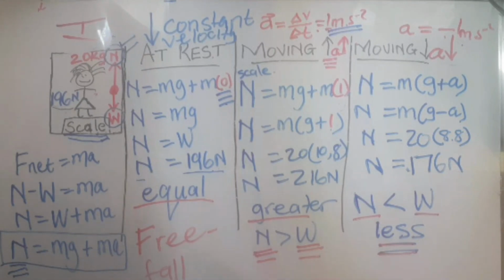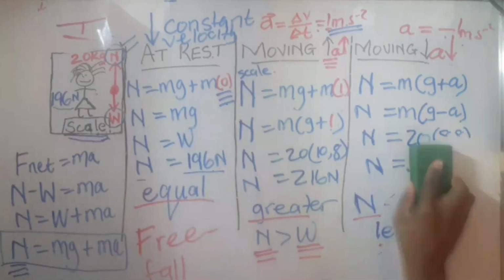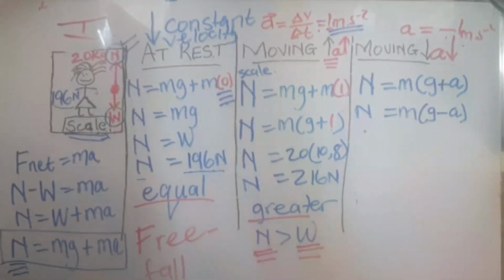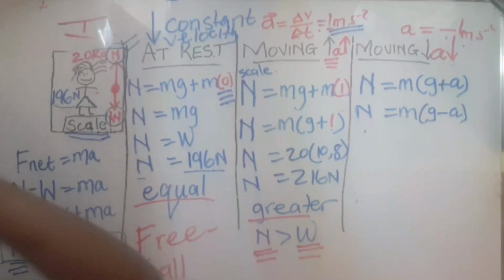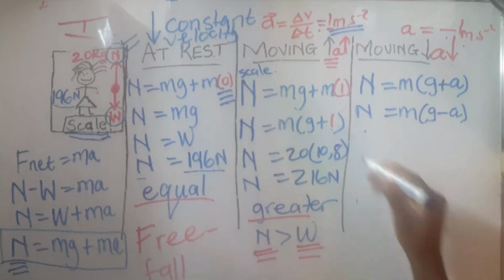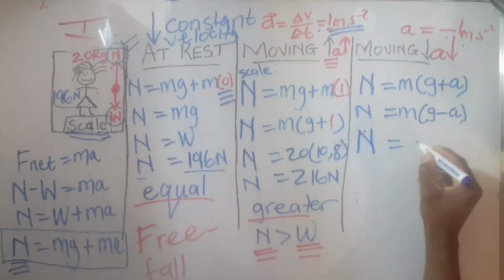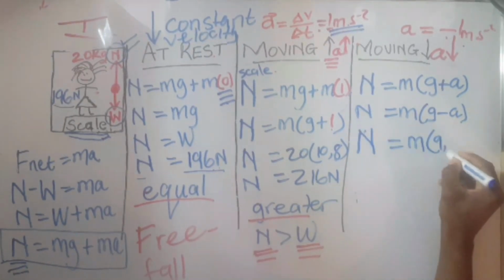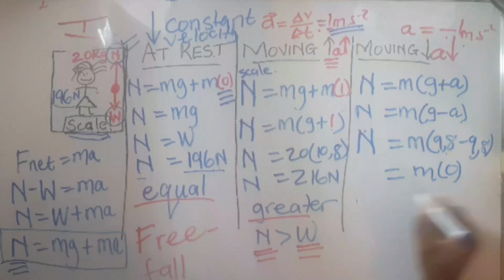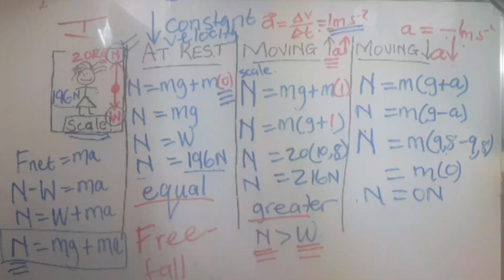So in that case, the normal force would be 9.8 minus 9.8, that's 0, which means the normal force would be 0 newtons.